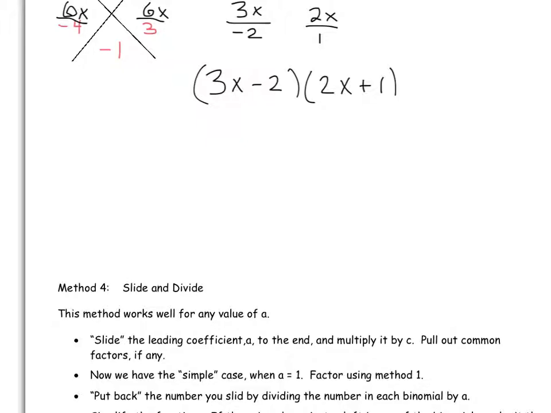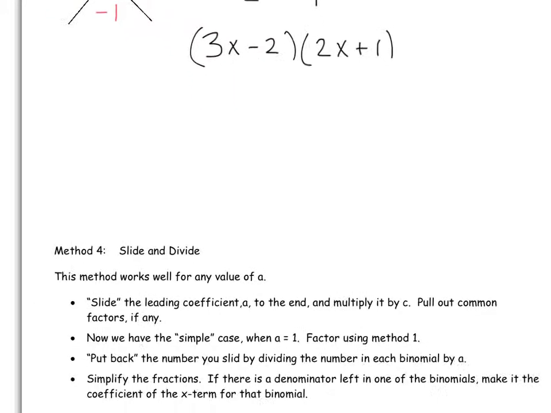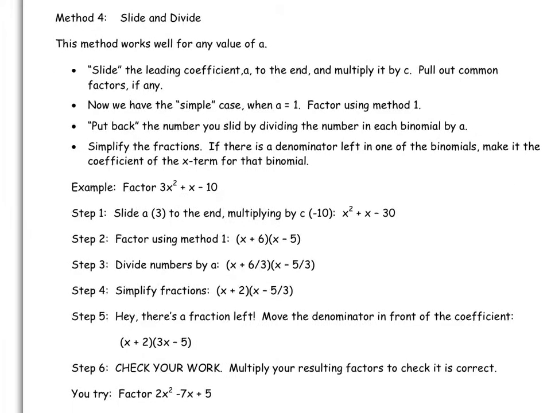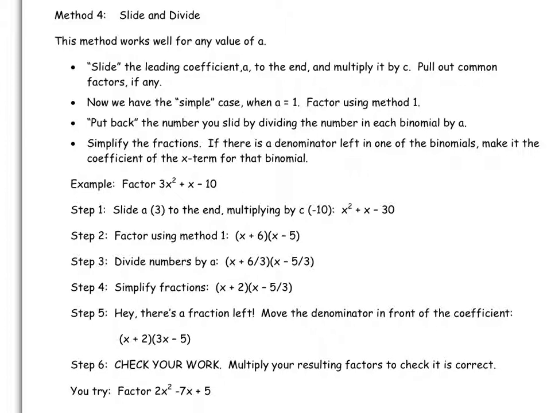All right, and then there's a fourth method that you could possibly use called slide and divide. And this one's cool because it rhymes. All right, so what we're going to do is slide the leading coefficient to the end and multiply it by c.